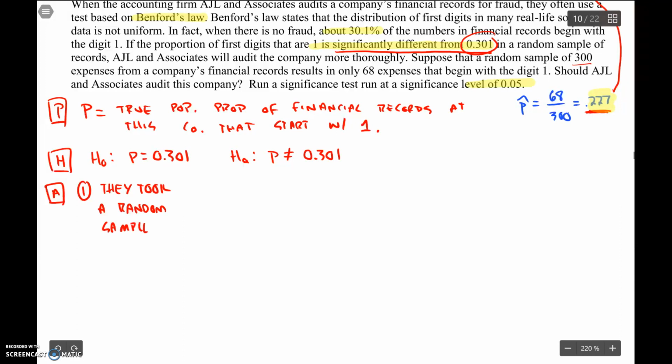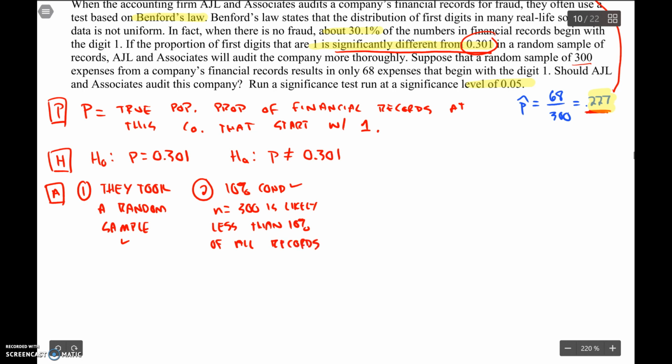We need a random sample so that we know that our p-hats are going to be unbiased estimators for the true proportion. 2, 10% condition. n equals 300 is likely less than 10% of all records at this company. So I'm going to kind of make that assumption that that is true.